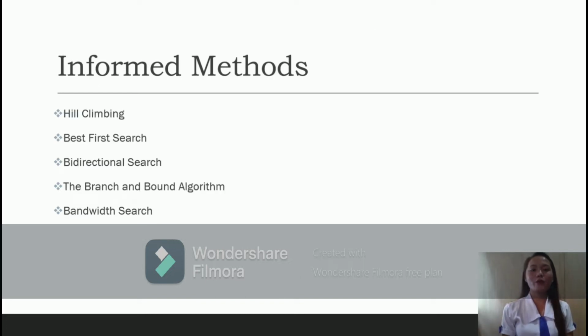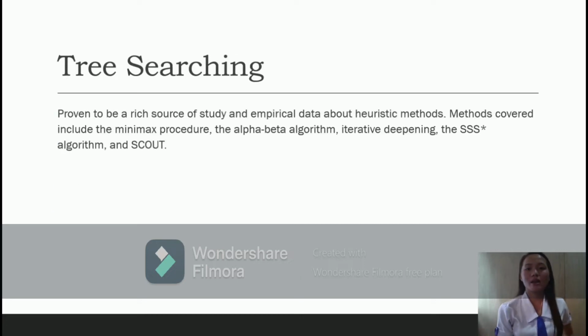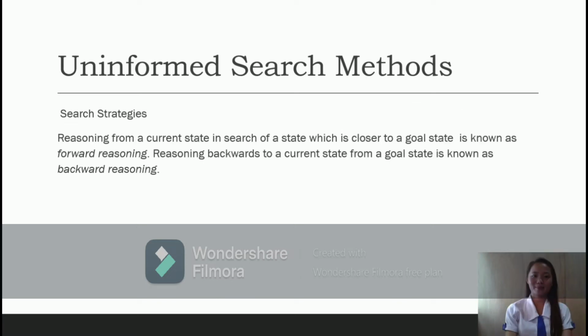Under the umbrella of heuristic or informed methods are hill climbing, best-first search, bidirectional search, the branch and bound algorithm, and the bandwidth search. Tree searching algorithms for games have proven to be a rich source of study and empirical data about heuristic methods. Methods covered include the minimax procedure, the alpha-beta algorithm, iterative deepening, the SSS* algorithm, and Scout.